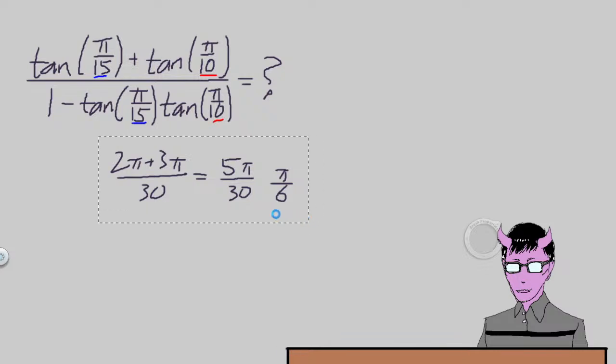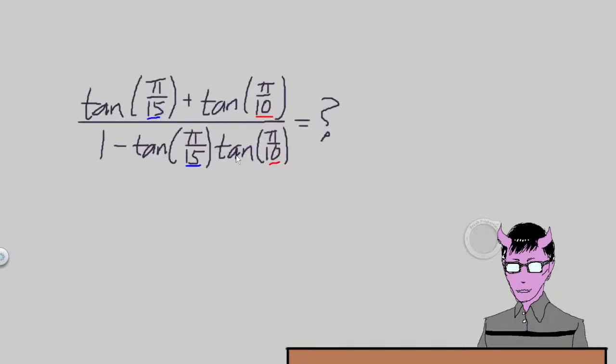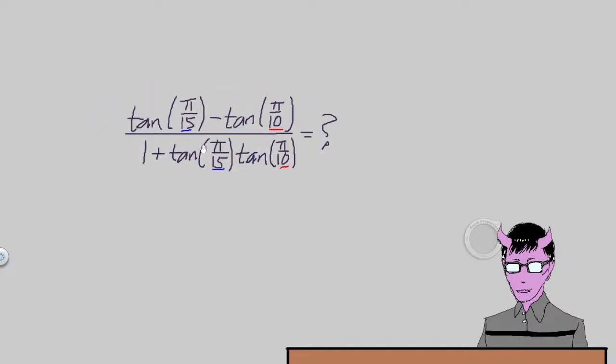Okay, so I'm going to make the executive decision at this point. And I'm just going to change the problem. Or, you know what? Let me think about this. So before it was written as a plus or a minus, right?